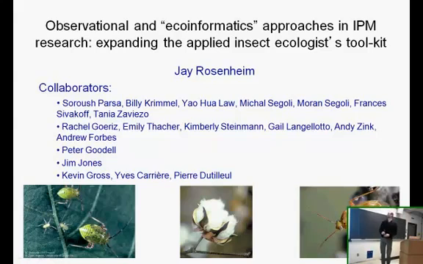Okay, so here's a roadmap for what I'll be talking about. First I'll try to define ecoinformatics, this approach of using data from farmers and consultants. I'll then lead what I hope will be a bit of a discussion about the strengths and weaknesses of experimental approaches versus observational approaches.